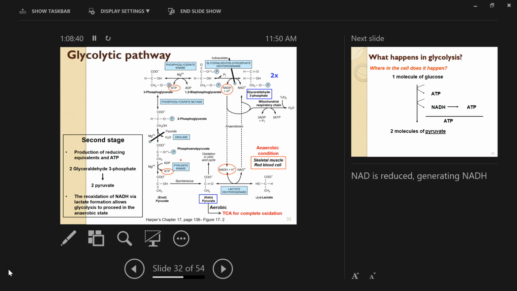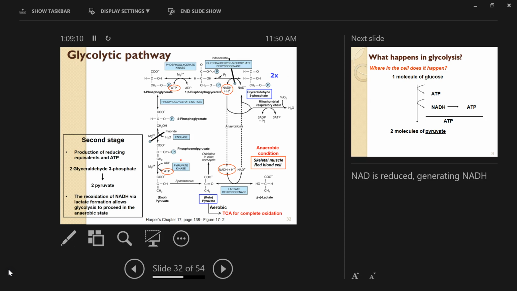So for example, in so-called aerobic conditions, let's say in the brain cells, because brain cells have mitochondria, they are able to further metabolize the pyruvate. Metabolism occurring in the mitochondria is usually considered aerobic metabolism, which requires oxygen.